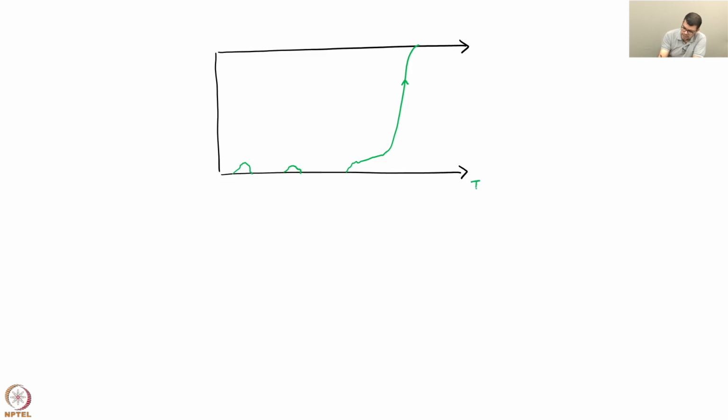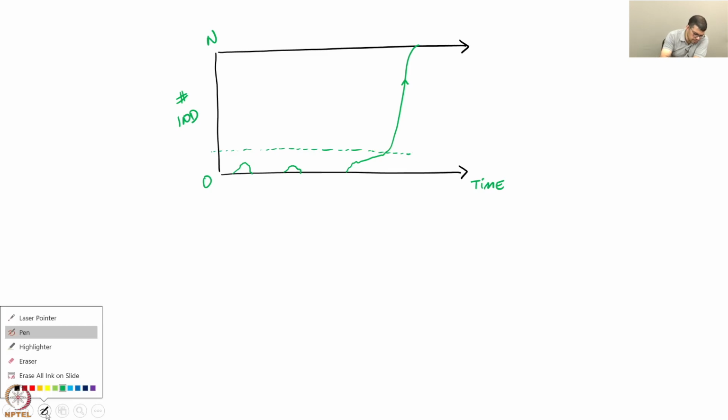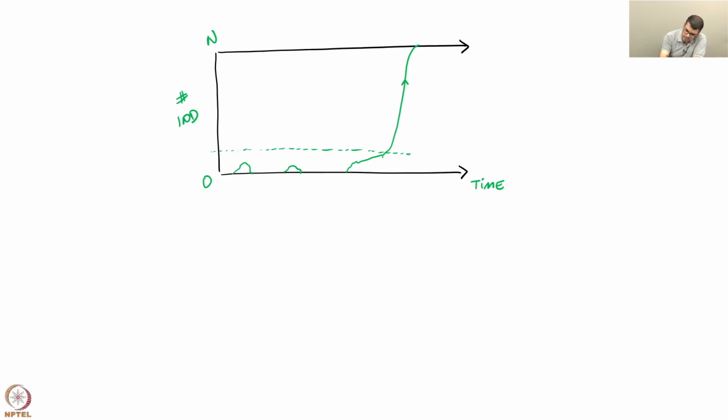So, again, this is time and this is number of individuals, going from 0 to n. What we are saying is that there seems to be a threshold here, and let us call this N_C, n critical.